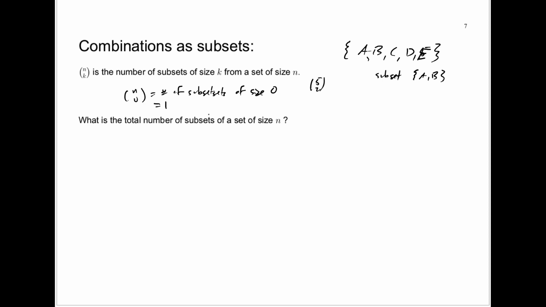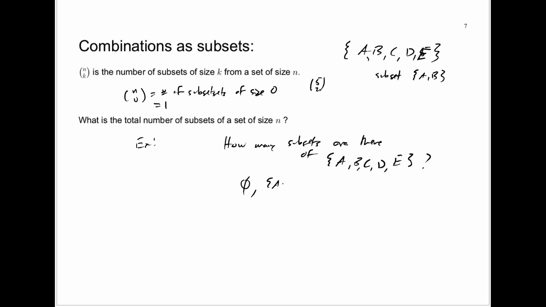Now we'll ask the question, what is the total number of subsets of a set of size n? In other words, what's the total number of subsets of a set that looks like, say, A, B, C, D, E. I want the total number of subsets. The empty set is a subset.